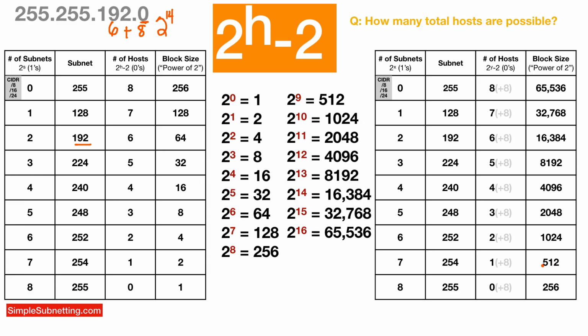And then you just start going up, doubling. 256 doubles to 512, 512 doubled is 1024, and so forth and so on. I don't think you'll get a question asking you 2 to the 14th, which is 16,384 total hosts. I think at most you'll get 10.